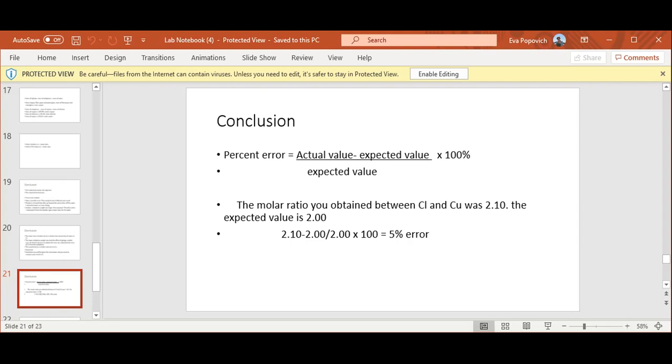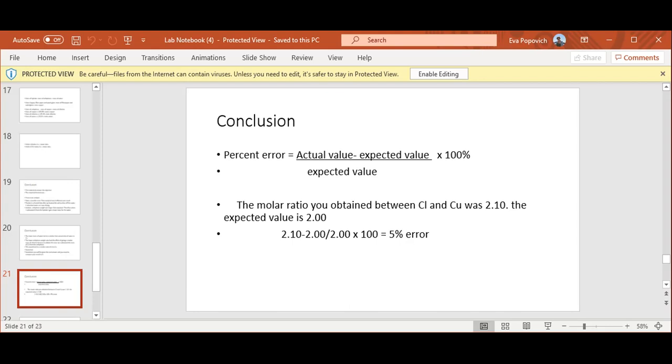The formula for the percent error is the experimental value, what you actually did and came up with as a result, minus the expected value. The expected value is the real value, the one I give you. So experimental value minus the real value, divided by the real value, times 100.